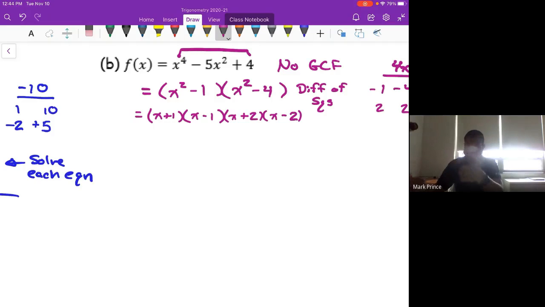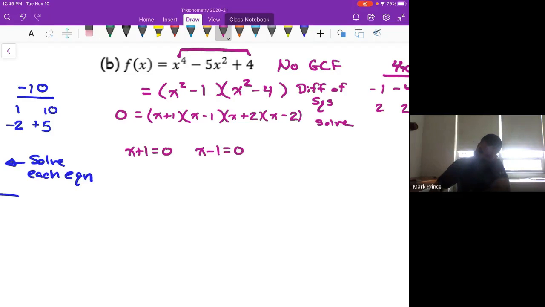All right, so it's a little extra step in the factoring part, a little tougher, I guess. But now we have our linear factors. I'll set this equal to 0, and I'll solve. So x plus 1 equals 0, x minus 1 equals 0, x plus 2 equals 0, and x minus 2 equals 0.